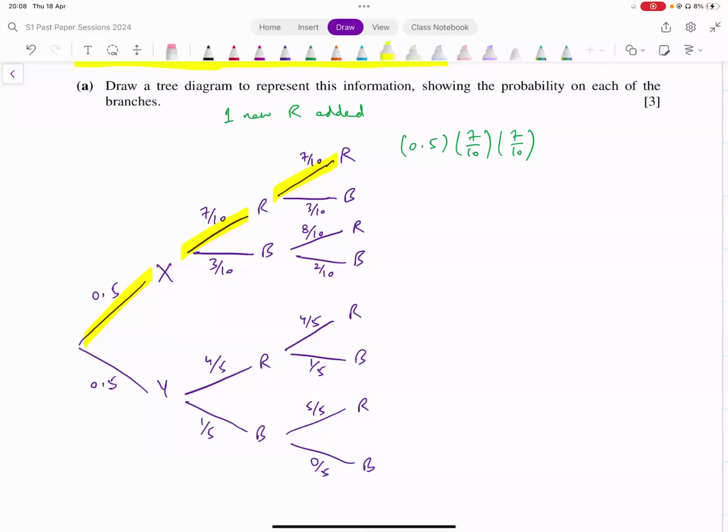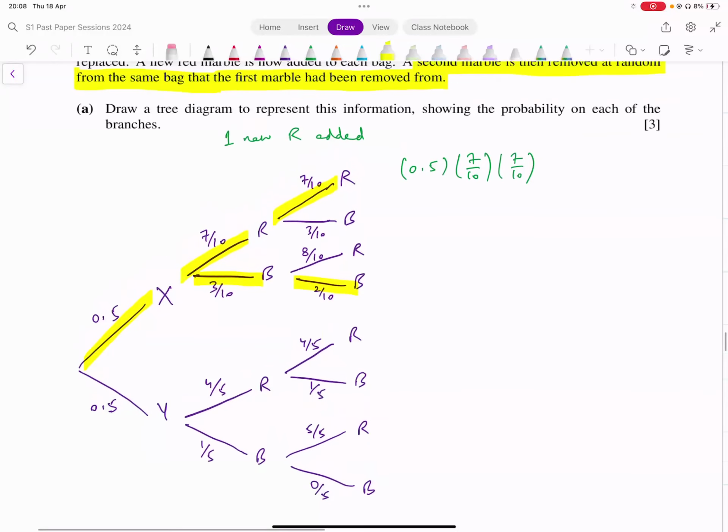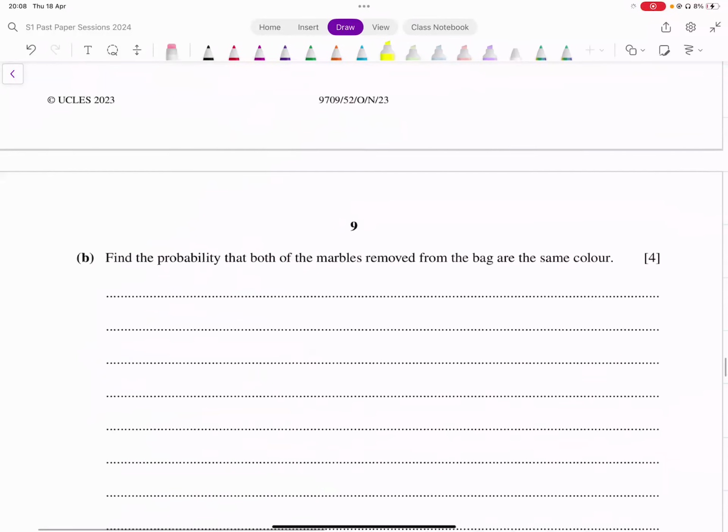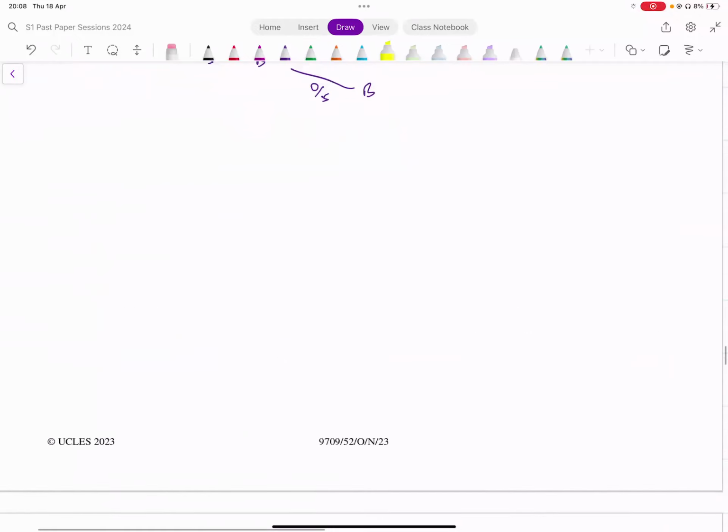And then the next possibility is you select box X, and from that box X, you choose 1 blue marble and the second blue marble. Let me come back to your question in a moment.